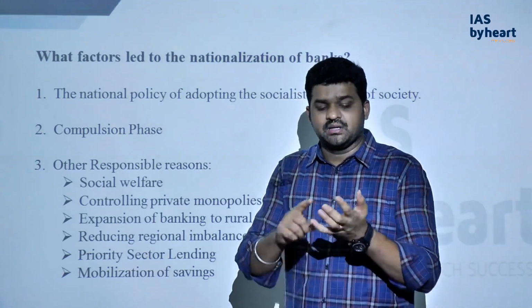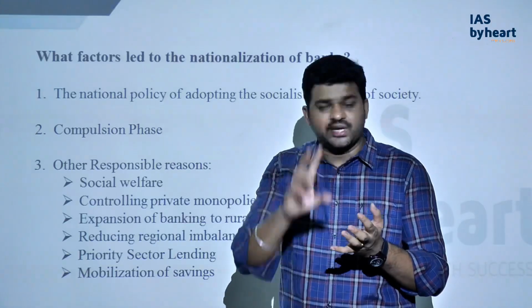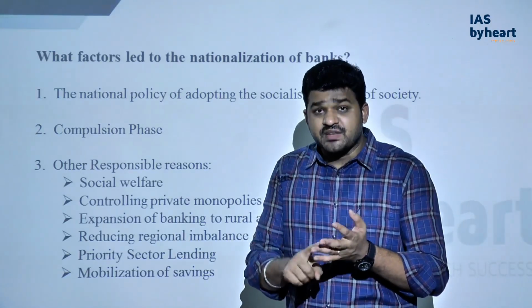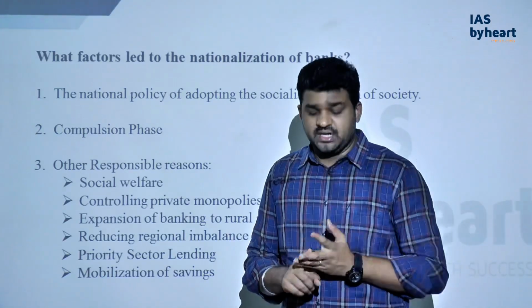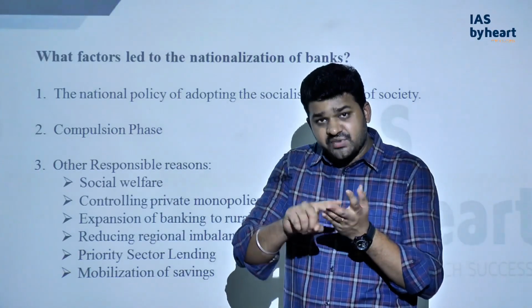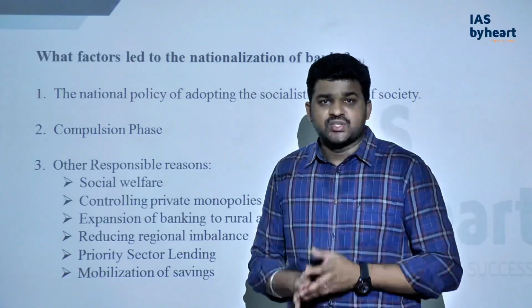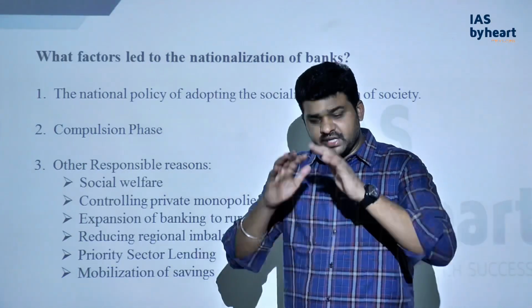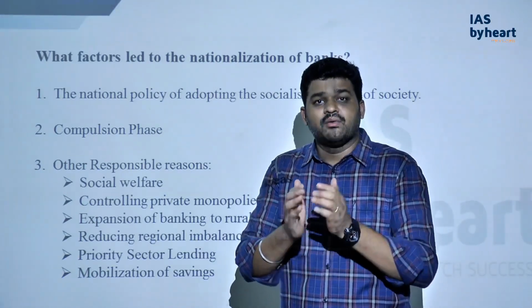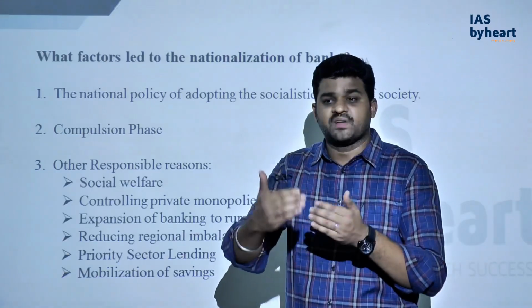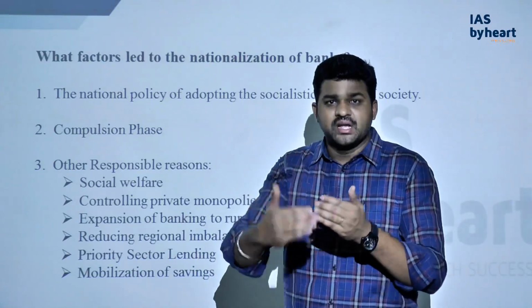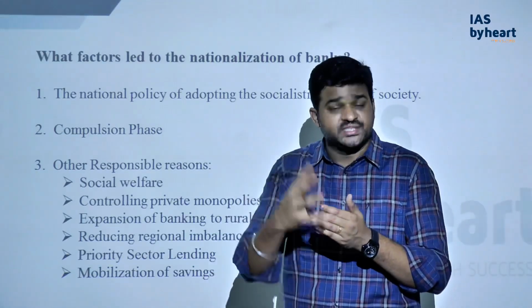Because there was the 1962 Indo-China war, then the 1965 Indo-Pakistan war, then the severe famine or drought of 1965 and 66. These three things happened in those particular years, and the government could not make any money transfers or any welfare measures for the people.